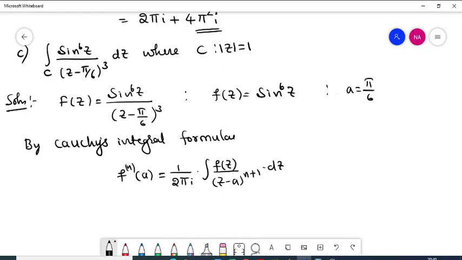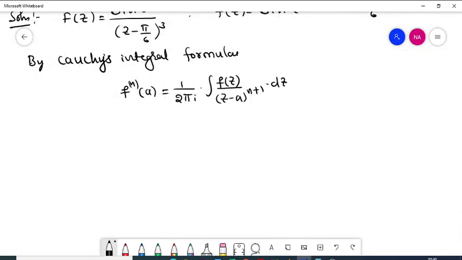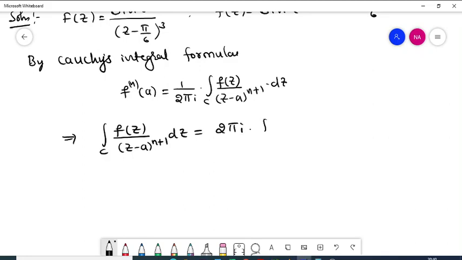Here we have (z minus pi by 6) whole power 3, so we have to take n equal to 2. So the integral over C of f of z divided by (z minus a) whole power n plus 1 dz will be 2 pi I times the second derivative of f at a.